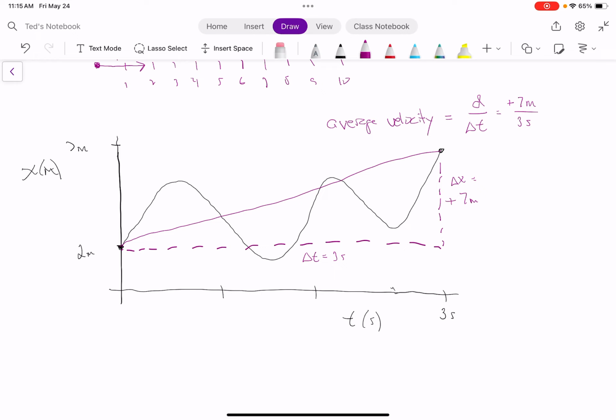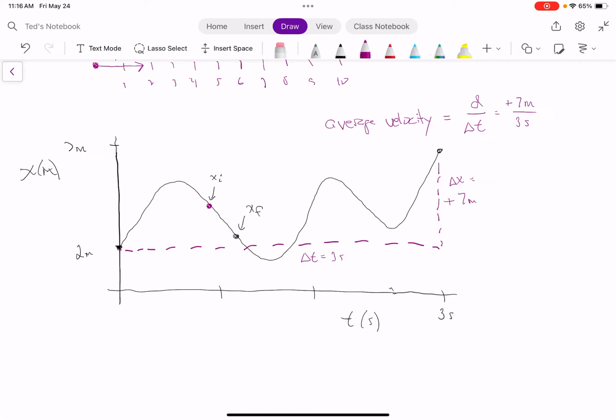But what if I want to know how fast the car was moving at this particular moment in time? So what I would do is I would say, okay, well, let's find its position now, x initial, and its position a moment later, x final, and then we could find the average velocity between those 2 points.